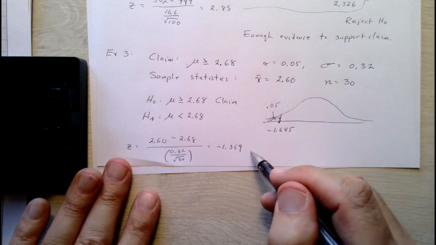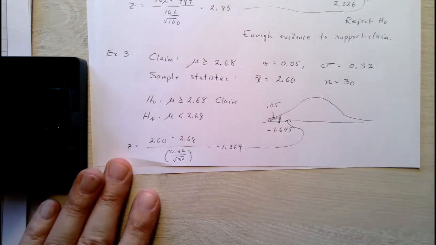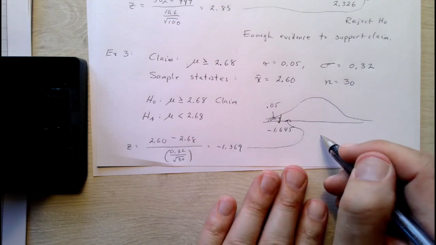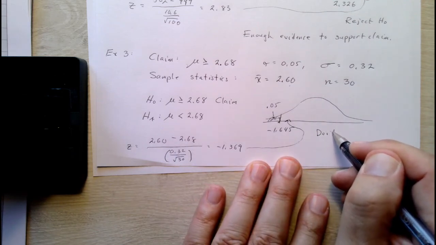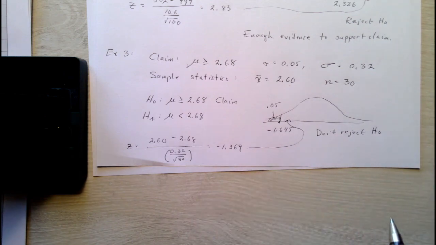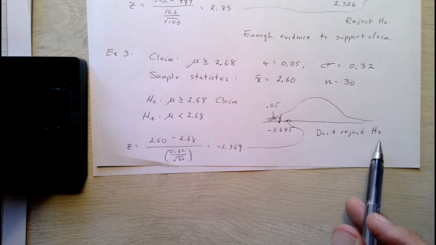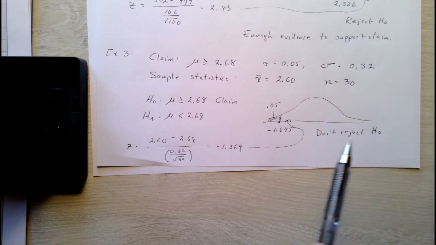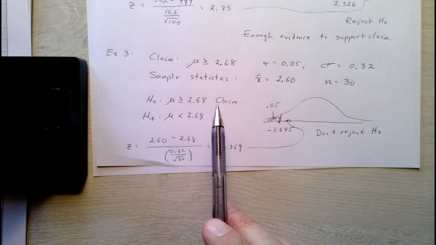And this is not in our rejection region, because it's bigger than negative 1.645. So we don't reject H0. And since we're not rejecting the null hypothesis, we don't have enough evidence to do anything. In particular, we don't have enough evidence to reject the claim.